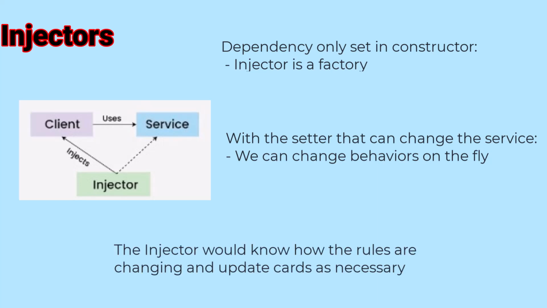For that situation, the injector would know when a new calculation is needed. It'd find all the cards that need their calculation updated and use the setter to change it. Yes, this is a little unrealistic because most cards aren't in memory at any given moment, but it shows the flexibility that dependency injection gives us and how we could leverage an injector to change the dependencies at runtime.